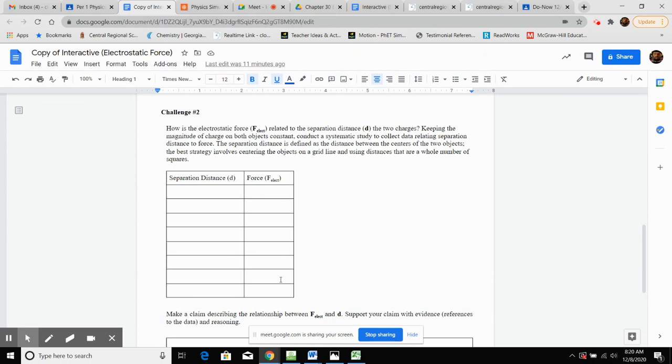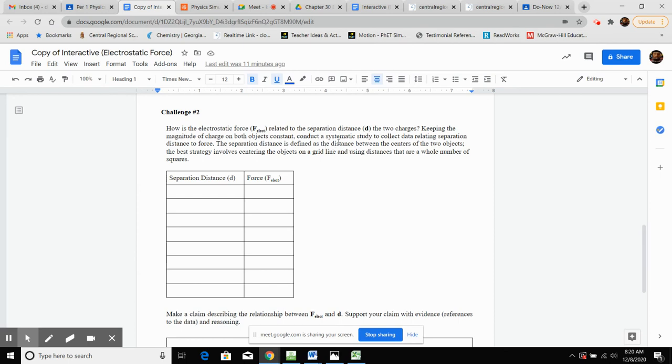Now what we're going to try and do here is to determine how the electrostatic force is related to the separation distance d of the two charges, keeping the magnitude of the charges the same on both objects.